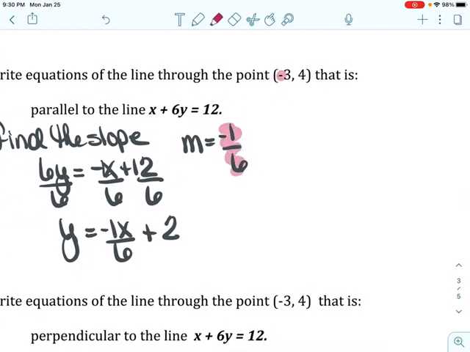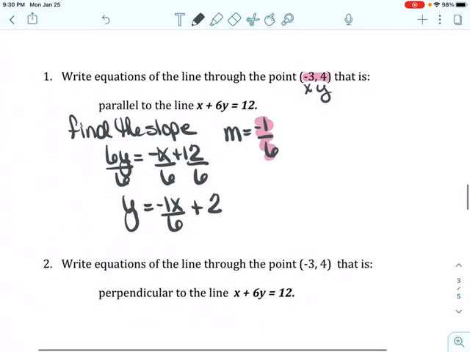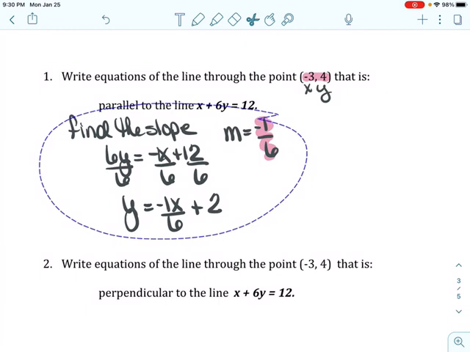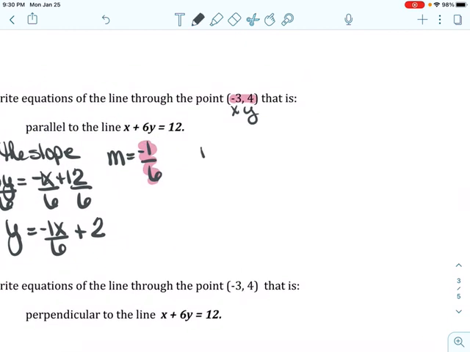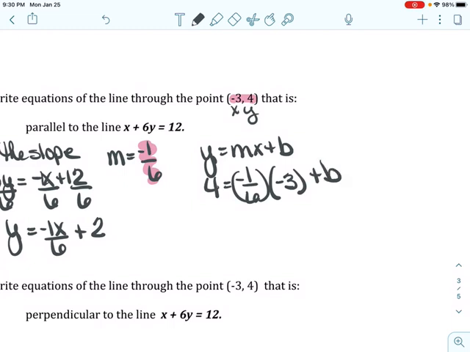So here's our slope. Here's our x and y. Okay, so we have all the information we need to be able to write the equation. I'm just going to move this over because I always seem to run out of room. All right, so now we have y equals mx plus b. Okay, so we're going to put in 4 for y, negative 1/6 for m, and negative 3 for x.